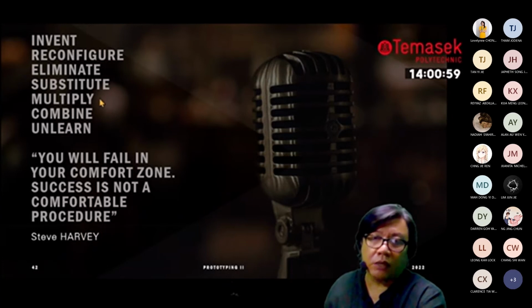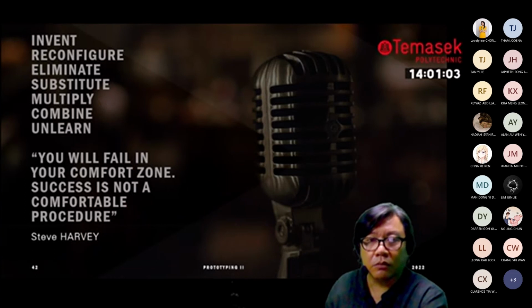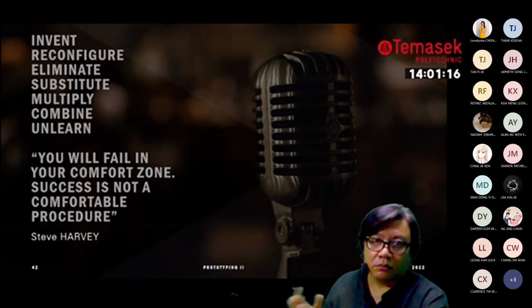Okay, some keywords up here, to hopefully inspire and help you find a suitable solution for your Innova. Number one is the most difficult thing to do, which is invent. This is totally difficult.